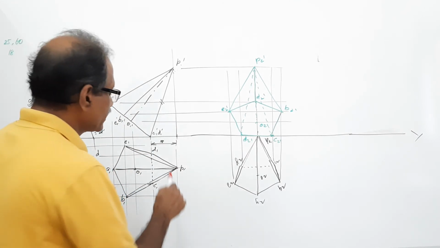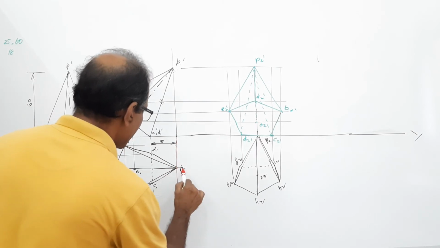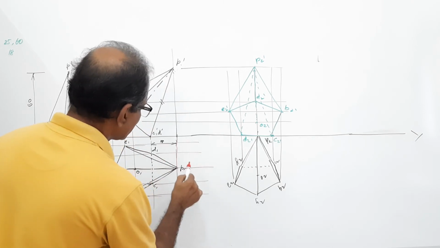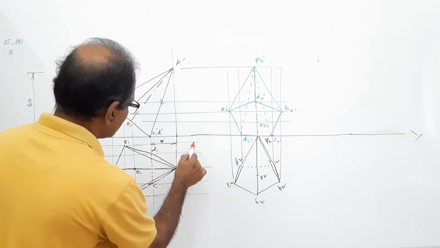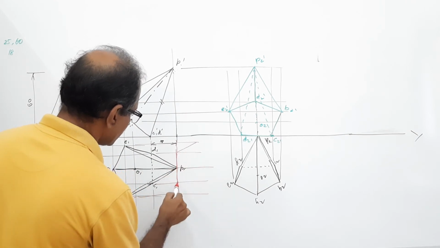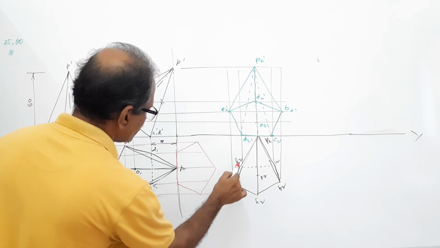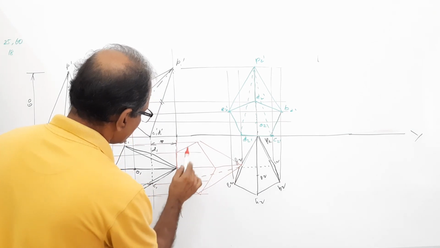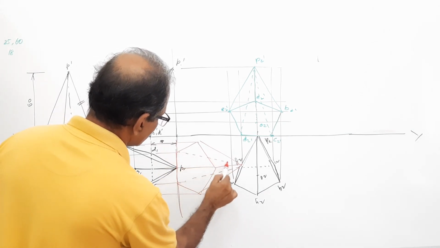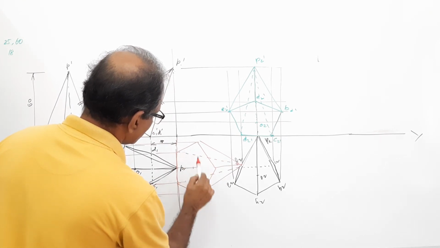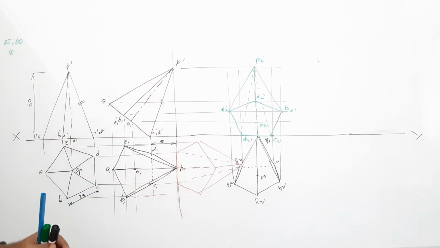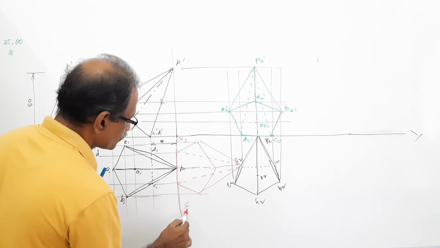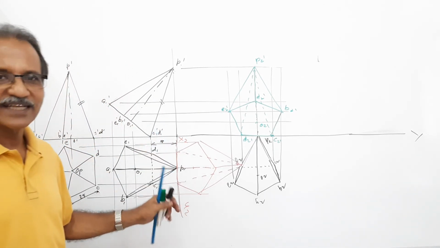If you provide X2 Y2 here, you will get the final elevation.